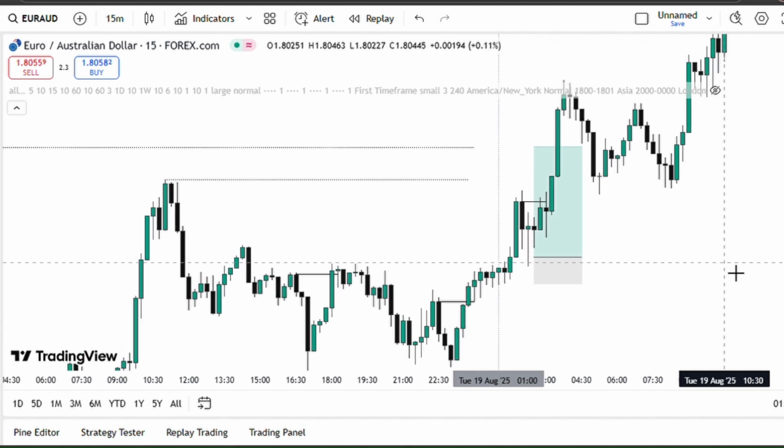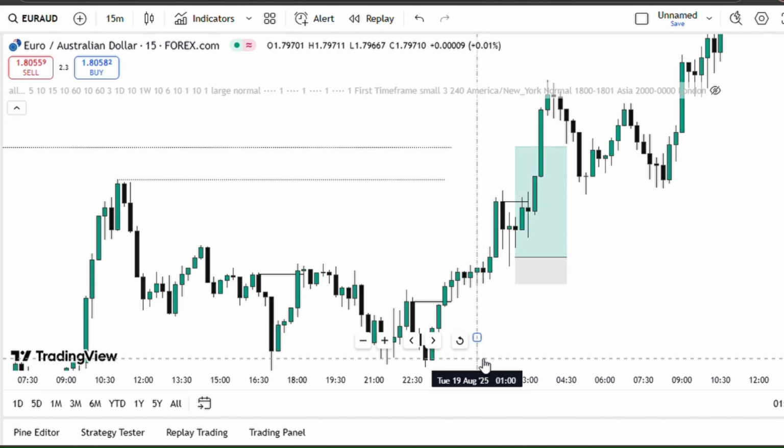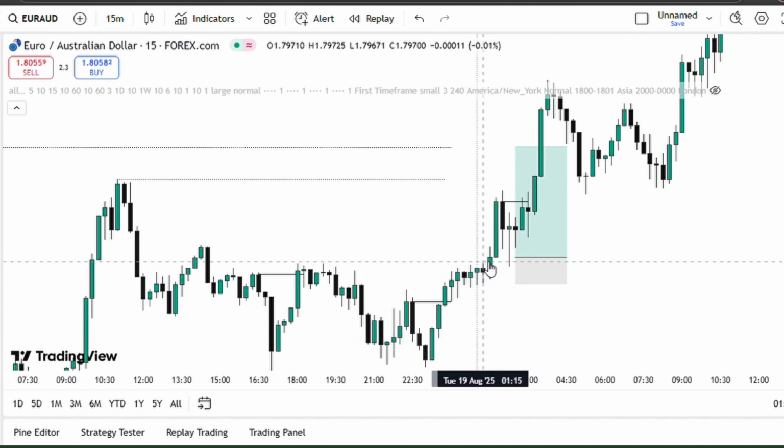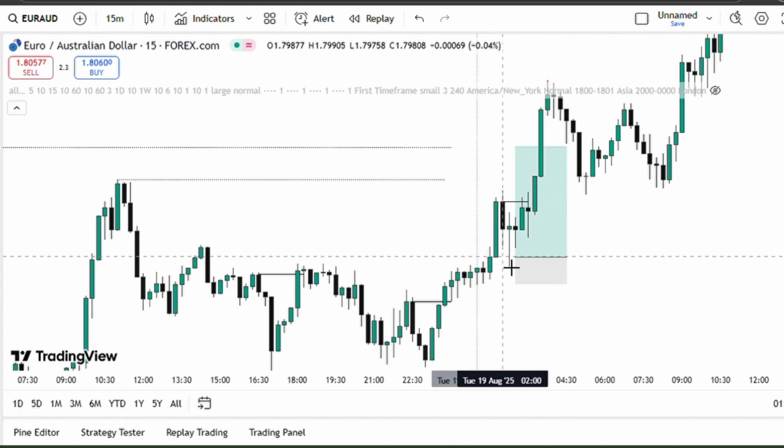And I usually use the 15 minutes for my entries, right? So we could see that when that 1 a.m. candle, which we expect to be an expansion, opened, it didn't raid any swing point over here. It went ahead, and then we had some kind of fair value gap over here, right?